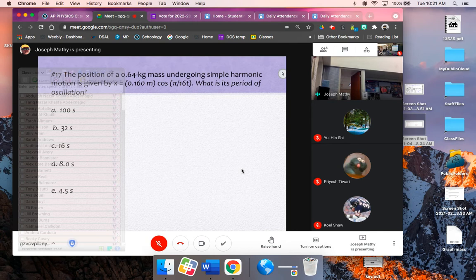Now, Lucia, before we answer this question, what do we call this part of the equation? Yes, ma'am. That is our amplitude. Cosine is cosine, but why is it cosine again? Could you walk me through why it's a cosine and not a sine?